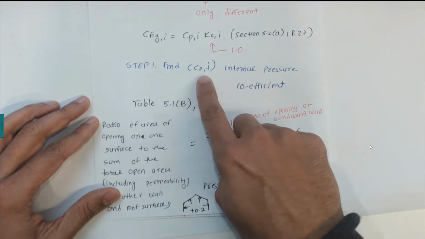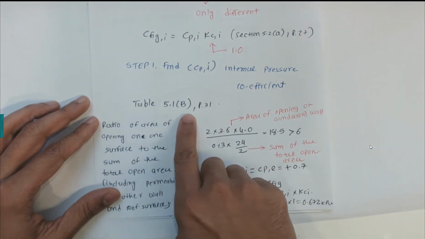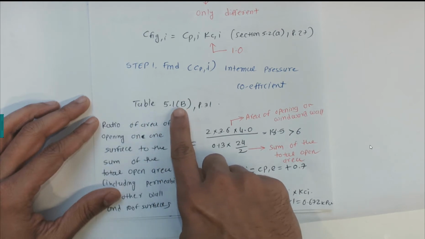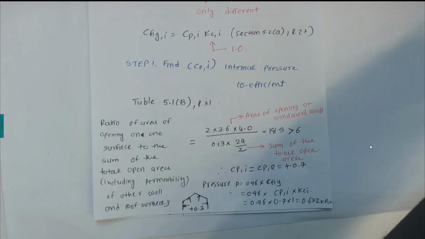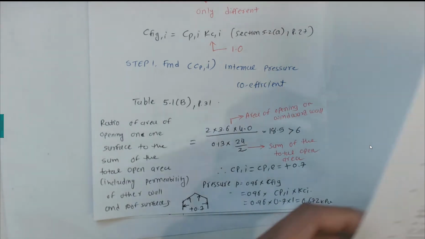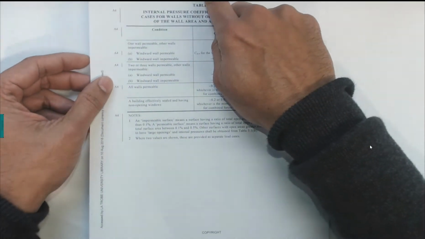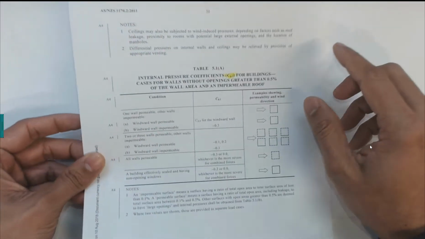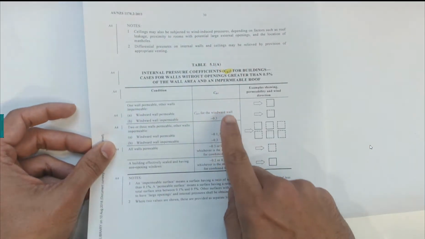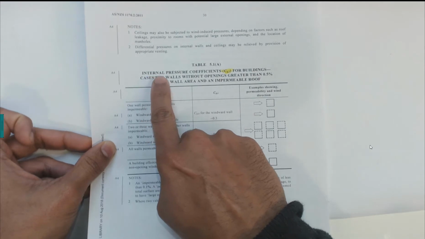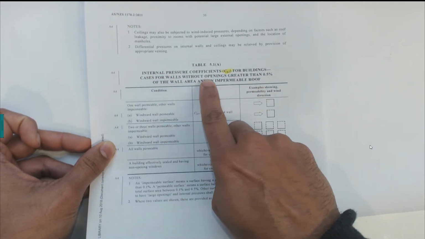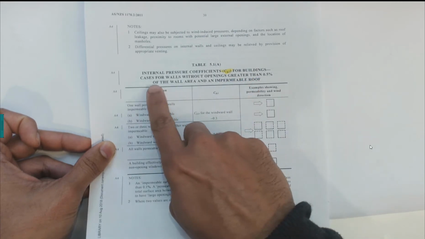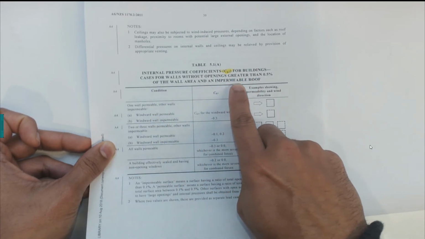To calculate the CPI we have two tables, table 5.1a and table 5.1b, and I'm going to explain which one we can use. Table 5.1a is given on page 30, and it gives the internal pressure coefficient CPI for buildings with walls without openings greater than 0.5% of the wall area and an impermeable roof.